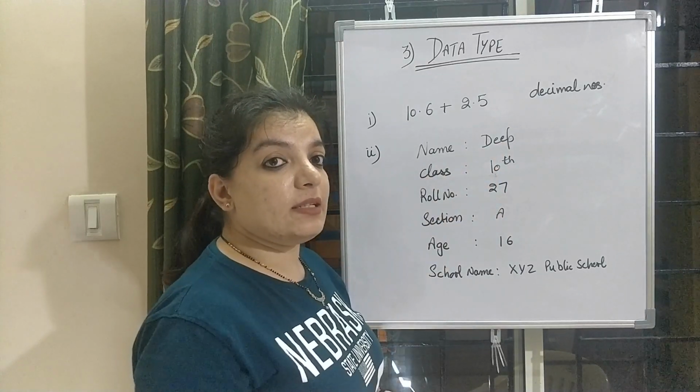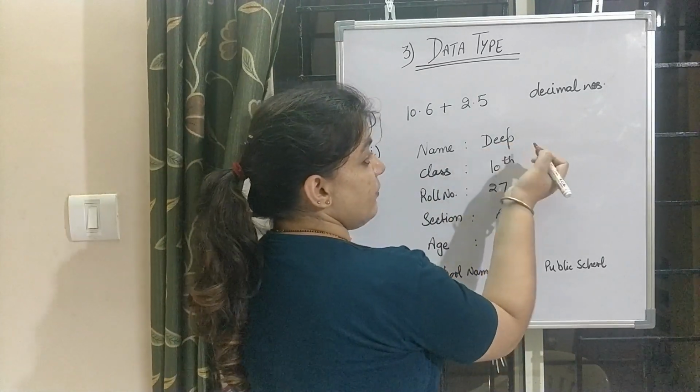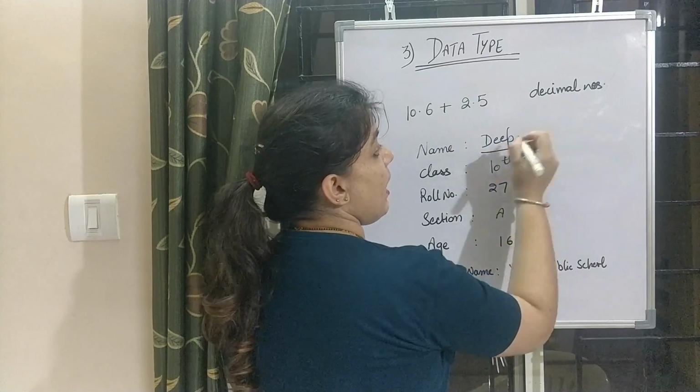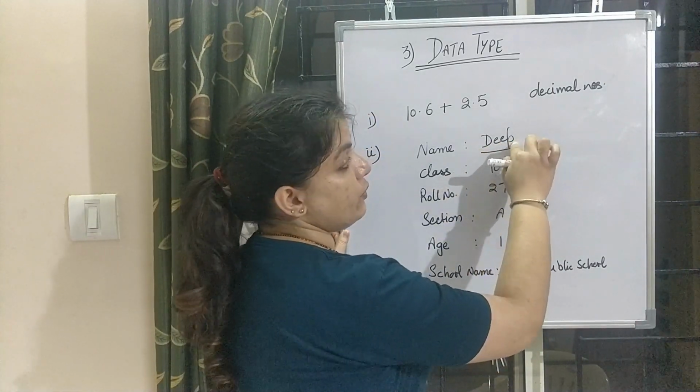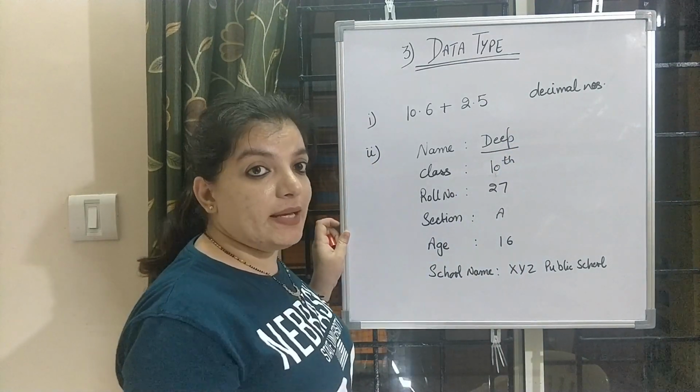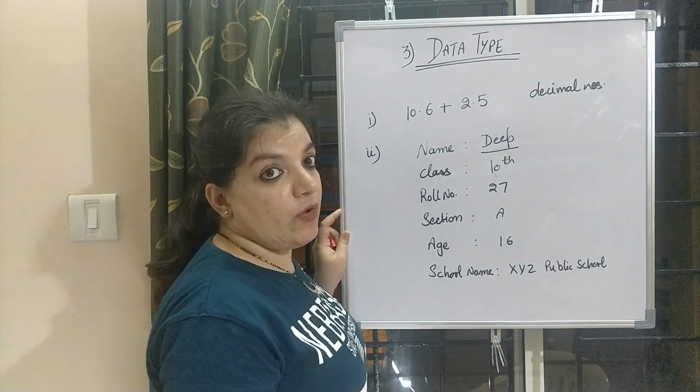Now if we see, the name is equal to Deep. So how do we write the Deep? If we consider Deep, how many characters are we using here? 1, 2, 3, 4. So we cannot say it is a single character, it is a sequence of characters.